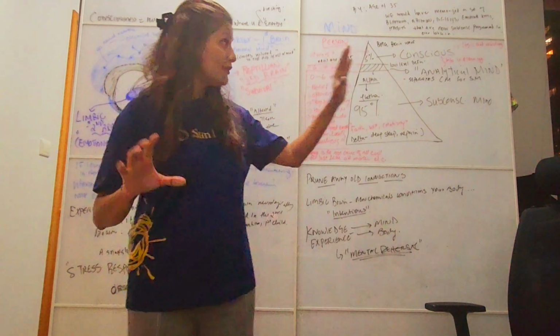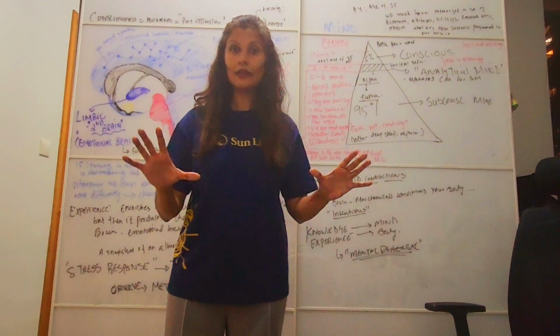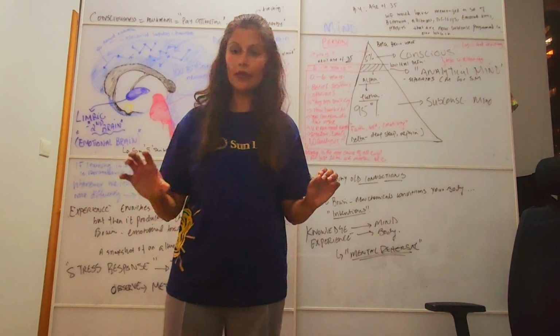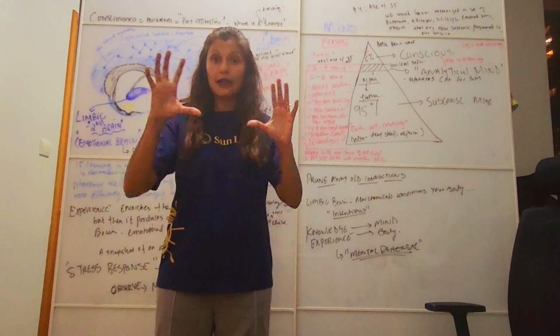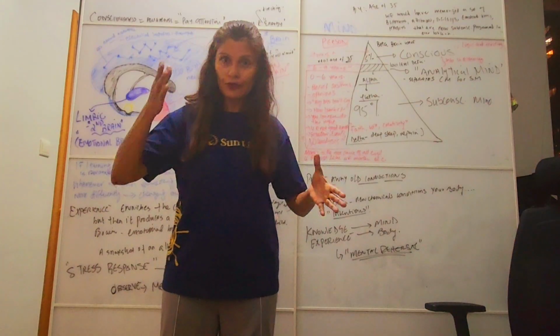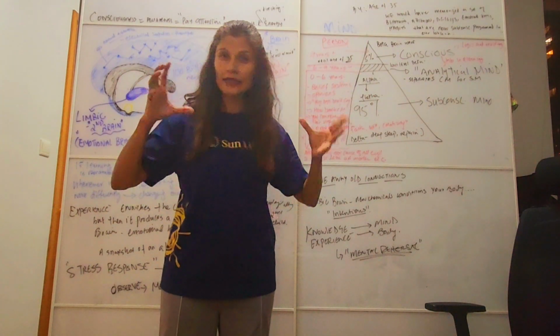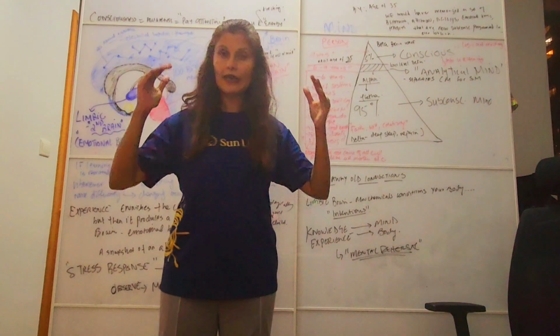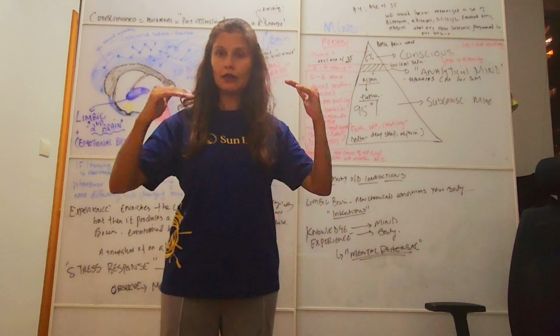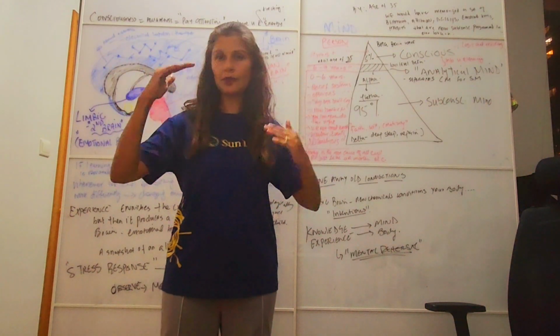And the brainwave that accompanies that is low-level beta, or high-level alpha. So between those ranges, alpha and beta, low-level beta, high-level alpha, is where the analytical mind is being formed.